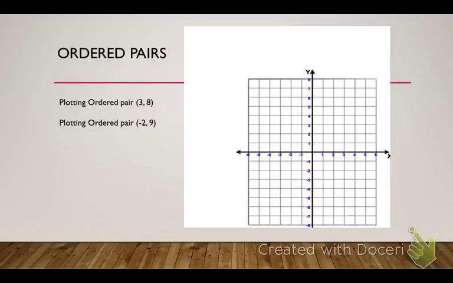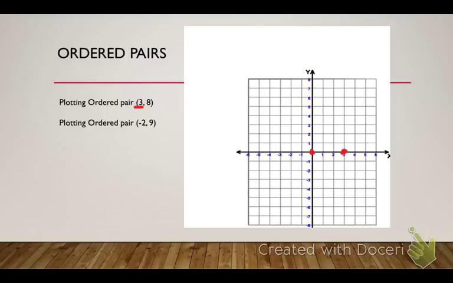Alright, so if I'm going to plot an ordered pair, my thinking is going to be, I'm going to start at (0, 0), where it intersects, and that first number, that 3, shows me how far over I need to go, either left or right. So I'm going to find that positive 3 to the right, so it's here.